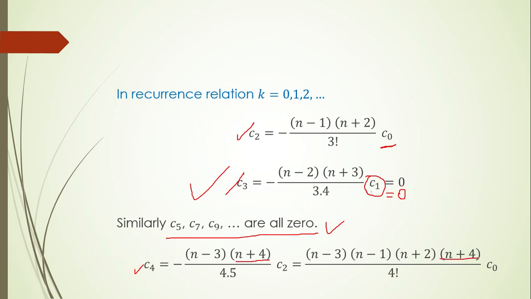The value of c2 is equal to minus (n minus 1) into (n plus 2) upon 3 factorial, so this is 5 factorial into c0.